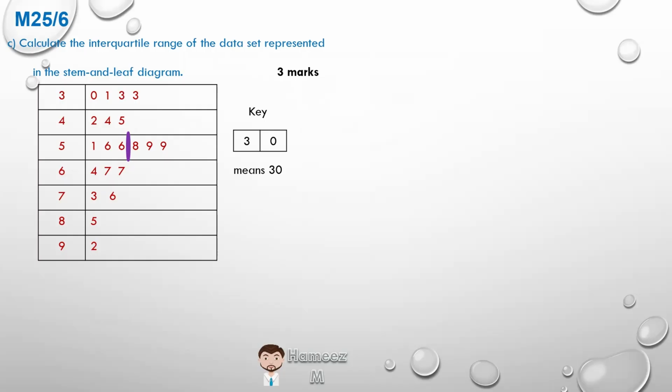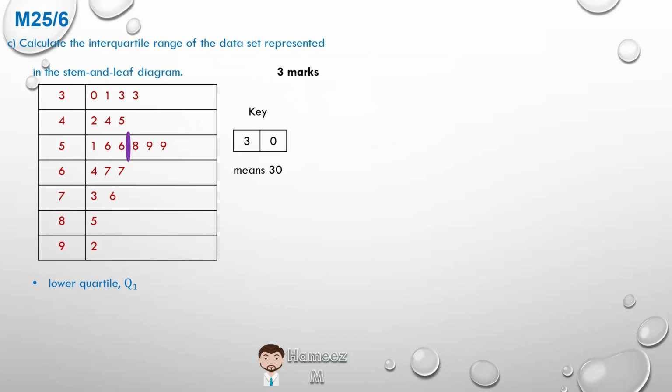So let's see what the question asks. The question is asking us to calculate the interquartile range of the data set. In order to do that, we don't really need the median, which is Q2, but we need the lower quartile, which is Q1. So let's look at the first half of the numbers, which are 30, 31, 33, straight up to 51, 56, 56. The first 10 numbers.